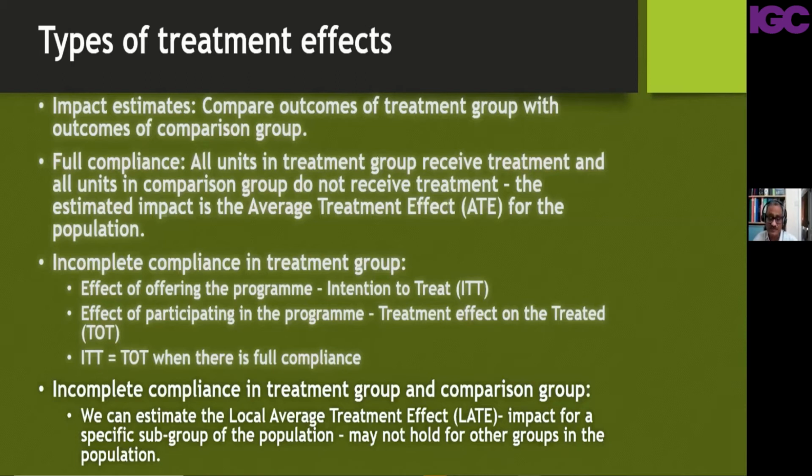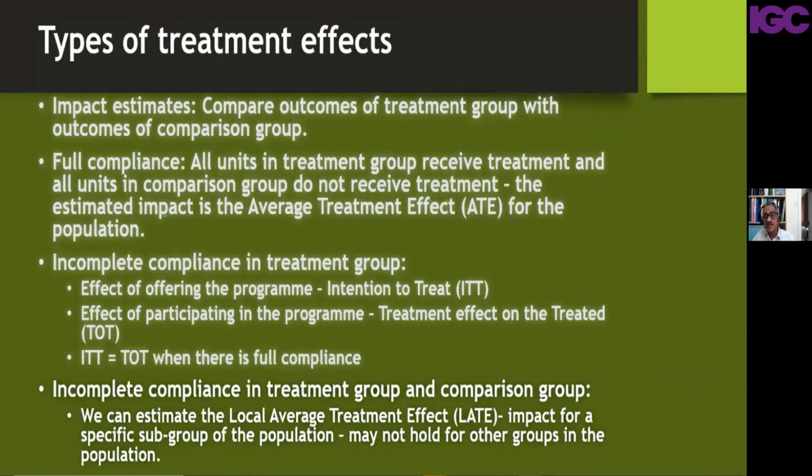So for example, when you conduct a randomized control trial and you have non-compliance both in the treatment and the comparison group, the effect that you estimate is again the local average treatment effect. That is, it is the treatment effect for the subgroup of those who comply, both in the participating group and in the non-participating group. That is, those who will take up the program if they are assigned to the treatment group, and those who will not take up the program if they are not assigned to the treatment group.